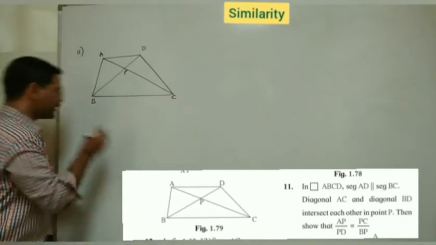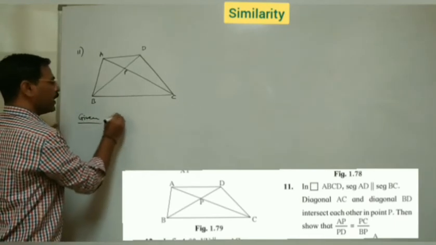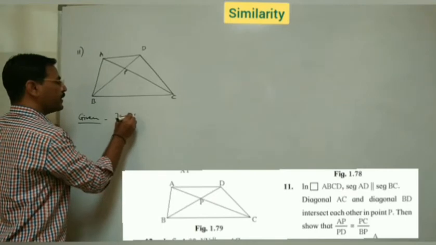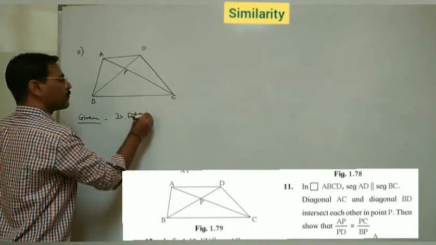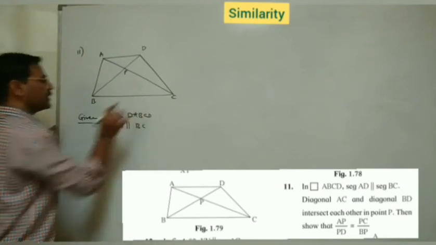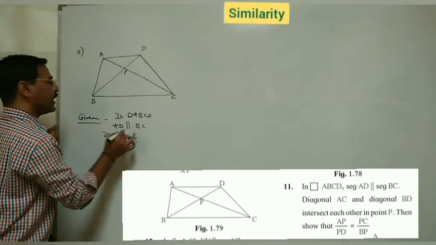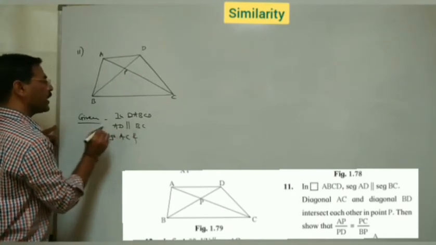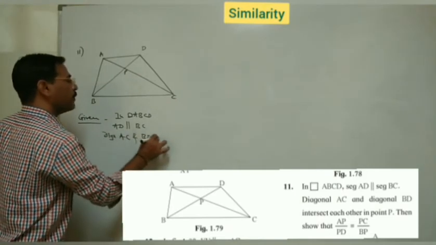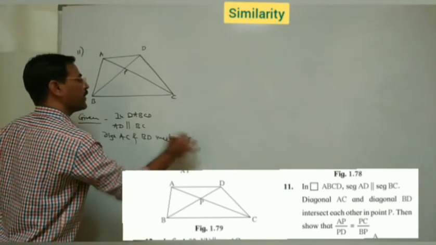So first I will write the given part. What is given? In quadrilateral ABCD, AD parallel to BC. Afterwards, diagonals AC and BD meet at P. Okay friends?